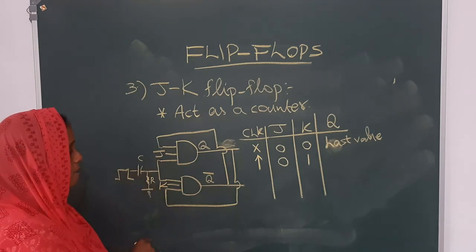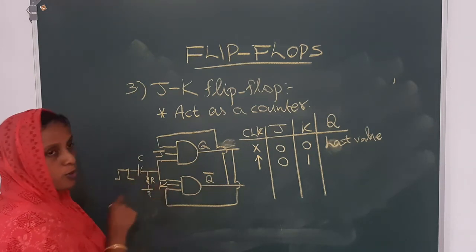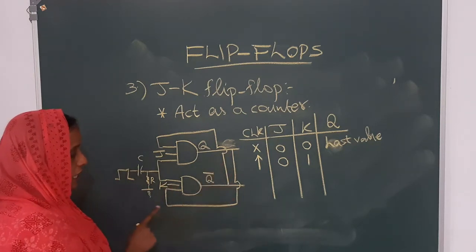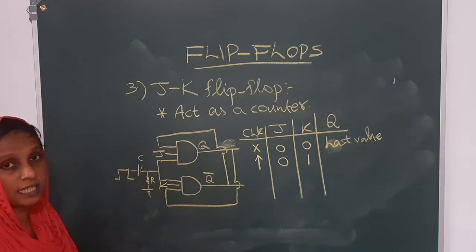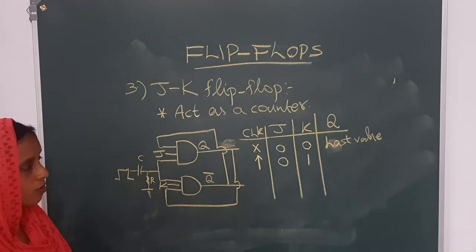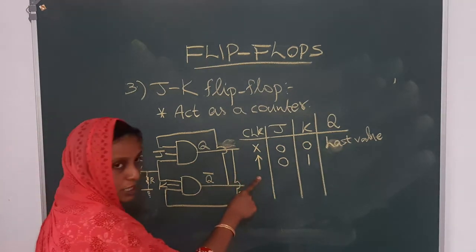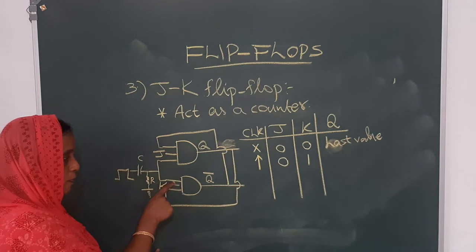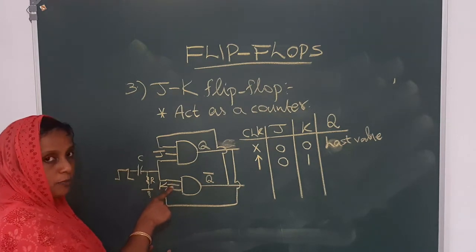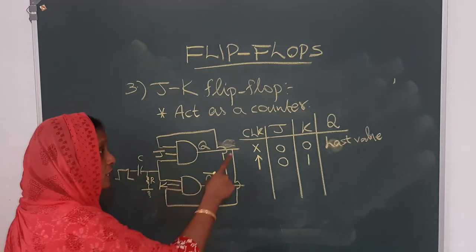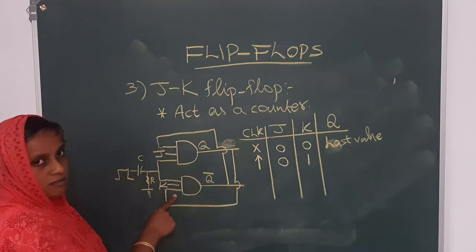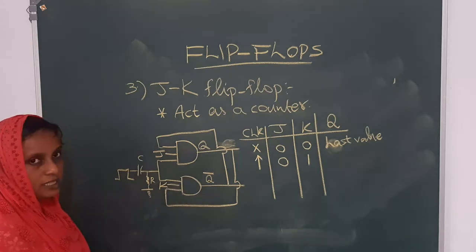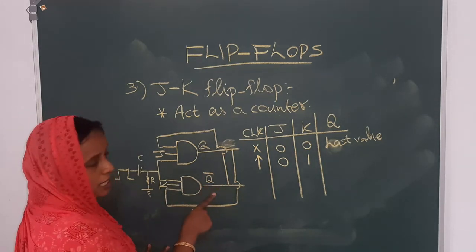At the same time, this K input is high. So if this Q is high, this gate is enabled. For positive clock and K equal to 1, and if Q is also 1, these gates operate and Q bar changes to high.